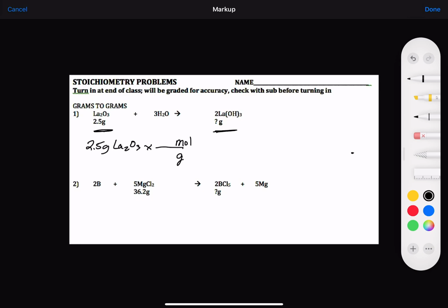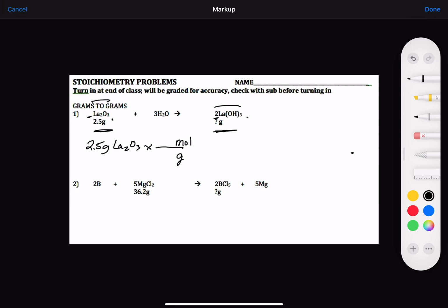So if you watch the stoichiometry video, it's all about ratio. If you look at the ratio between lanthanum hydroxide here and lanthanum oxide, it's a 2-to-1 ratio. Okay, so that's what we're using. That's our conversion unit to go from this compound right here to this compound. That's kind of like how many cups are in a quart.